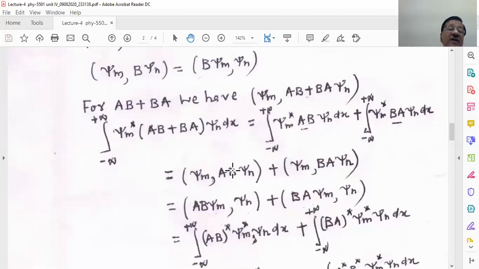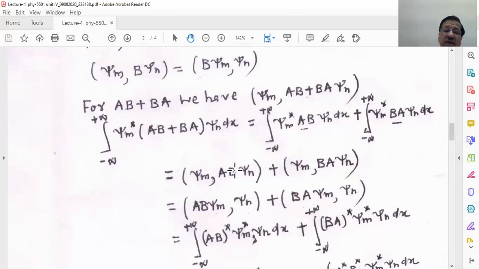So here please consider that A is Hermitian, B is Hermitian, and that they commute with each other. That is given here.